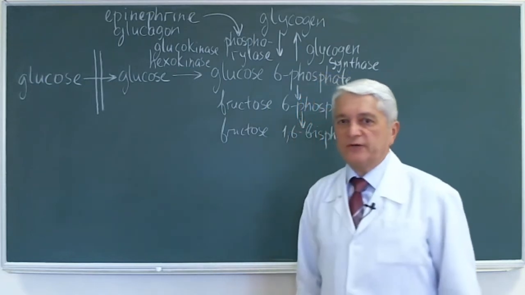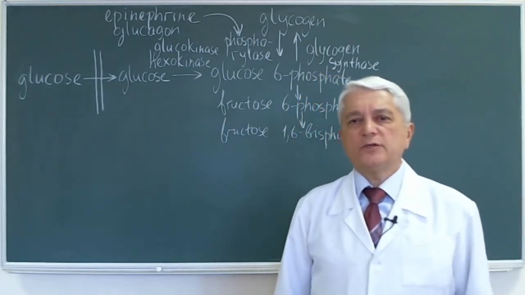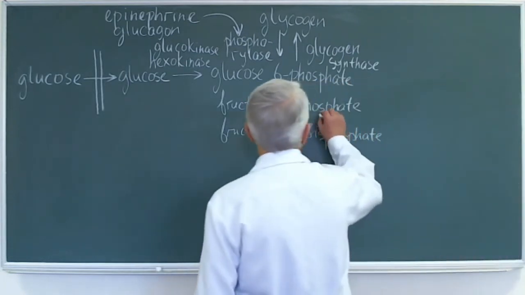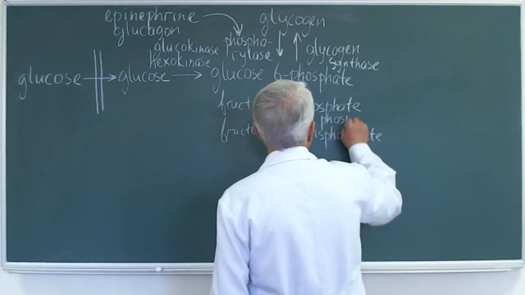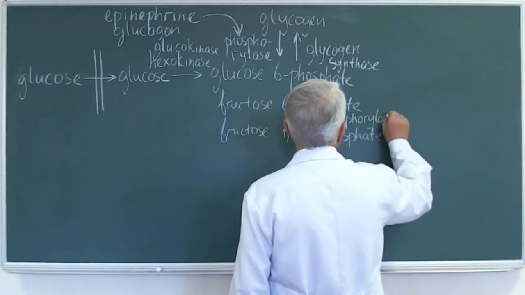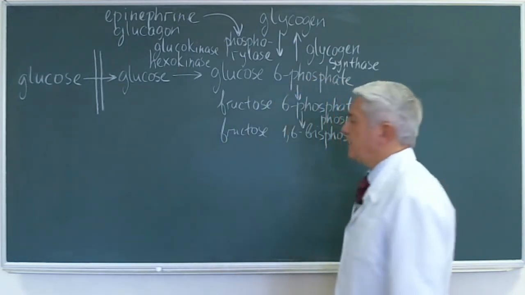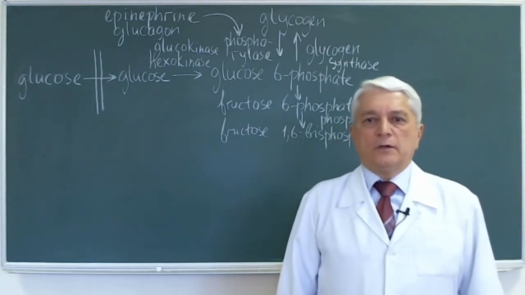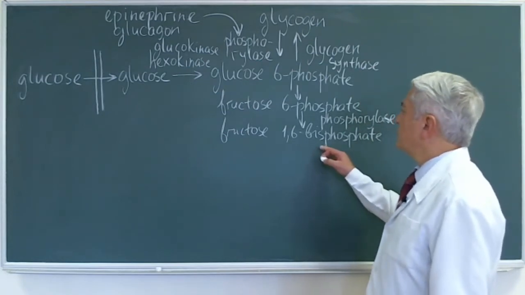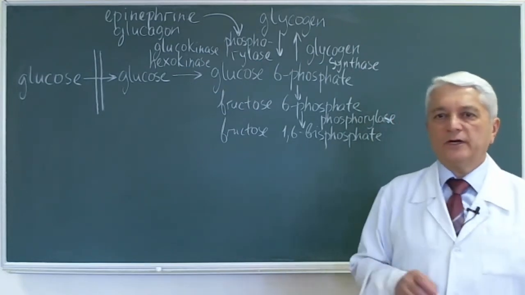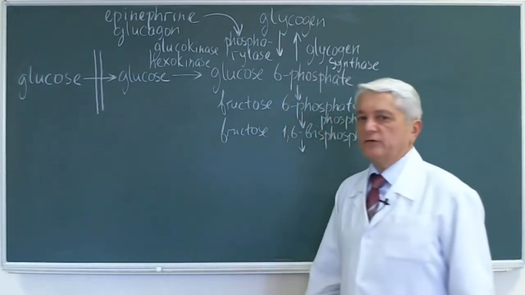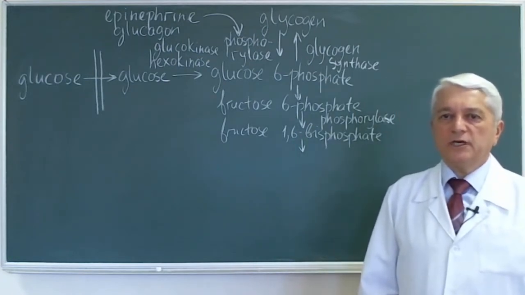And we have a very important regulative enzyme for this reaction. We call it phosphofructokinase. Then the molecule of fructose 1,6-bisphosphate will be divided into parts, and finally we shall receive dihydroxyacetone phosphate.